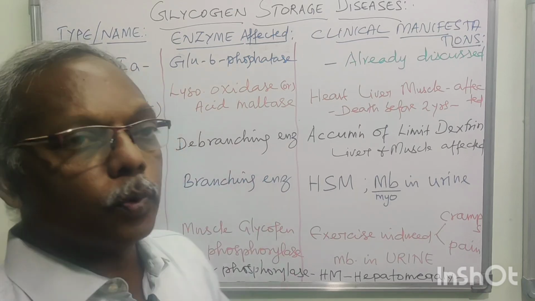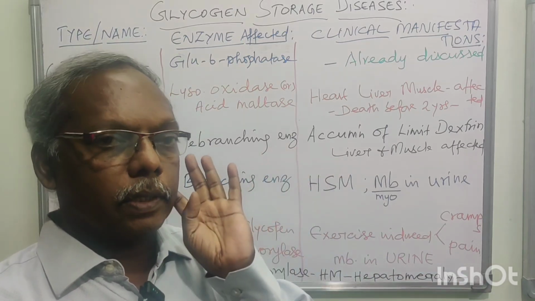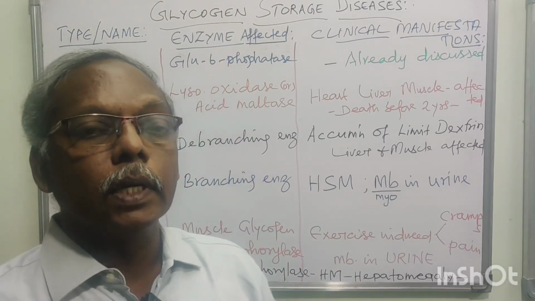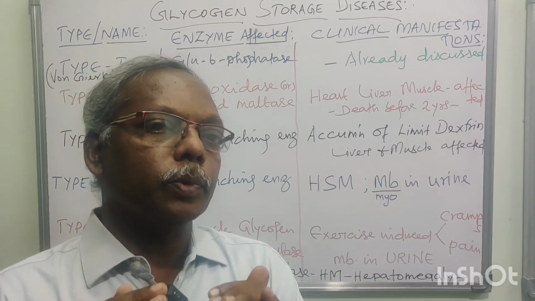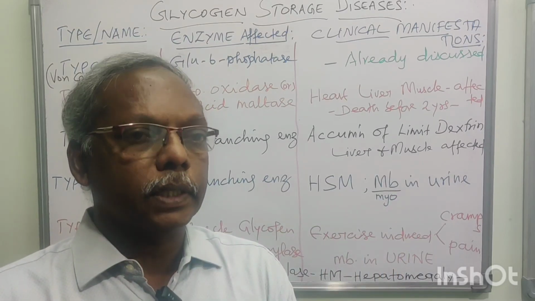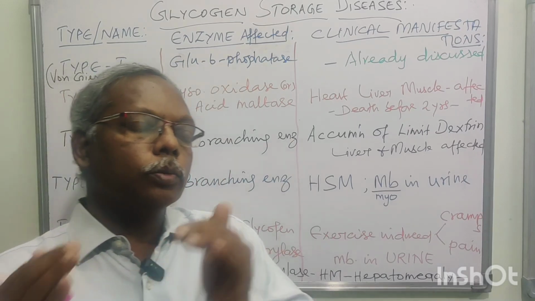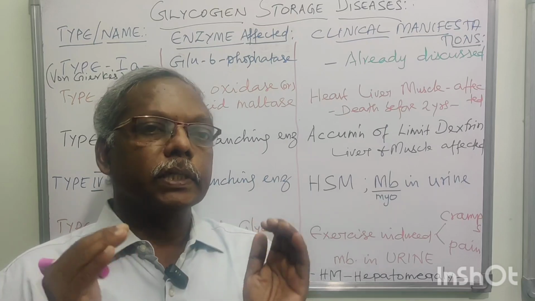First one is type 1A. 1B is there but not significant. 1A is very important, Von Gierke disease, which is usually the name of the disease. After that you should mention the enzyme involved in the disorder. What is the enzyme defect? Third, due to this enzyme defect, what are all the clinical manifestations the patient is having?